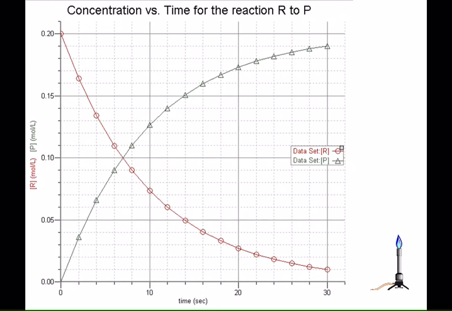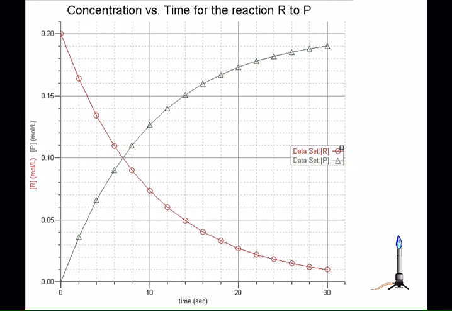I'll say reaction rate is equal to change in molar concentration of the product over change in time. I'll have to revisit that, because reaction rates are always positive.